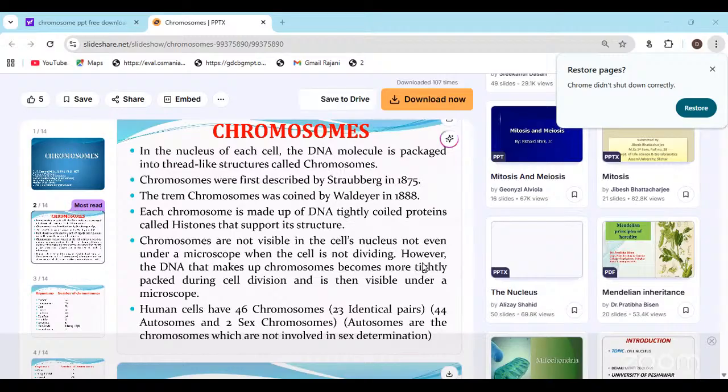Chromosomes are best visible when you observe the metaphasic structure. These chromosomes bear genes in a linear fashion, and chromosomes vary in size, shape and number in different species of plants and animals.